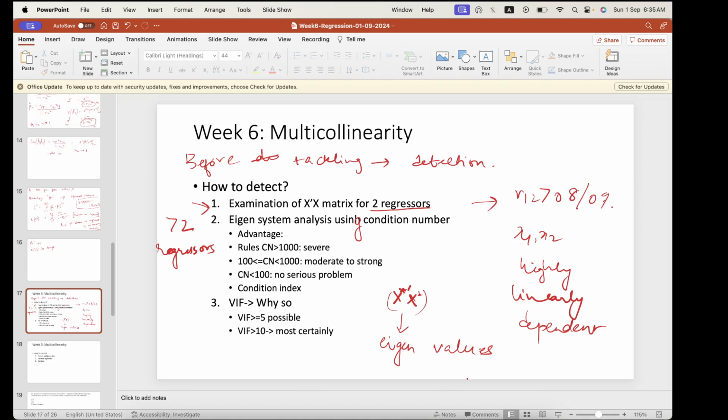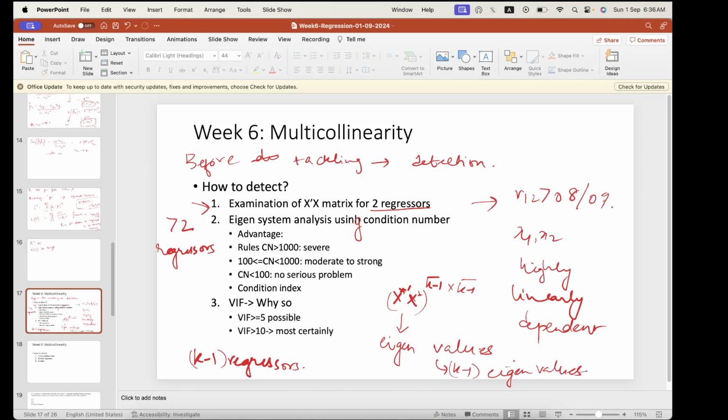If we have k minus 1 regressors, this will be a k minus 1 cross k minus 1 matrix, and it will have k minus 1 eigenvalues because it will be full rank.